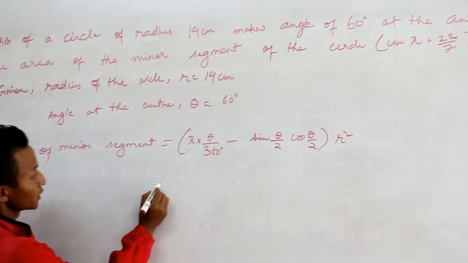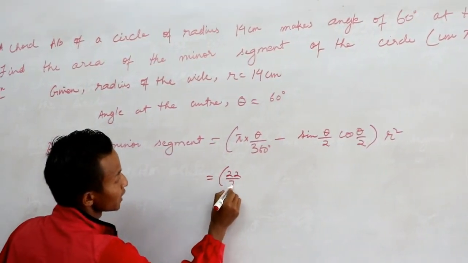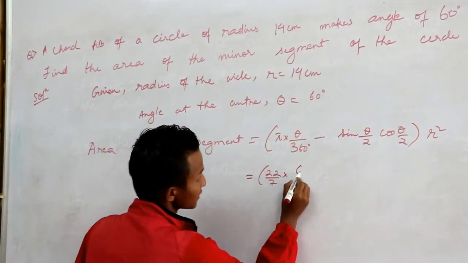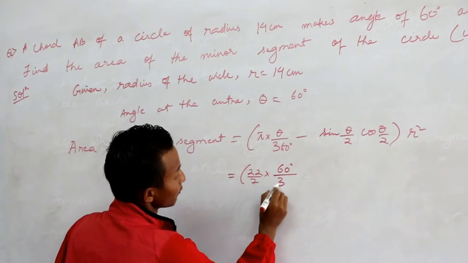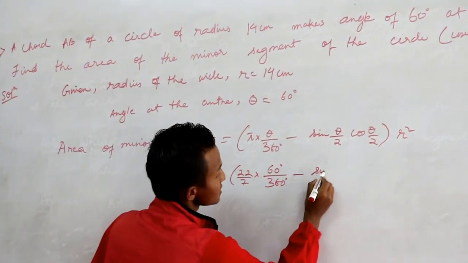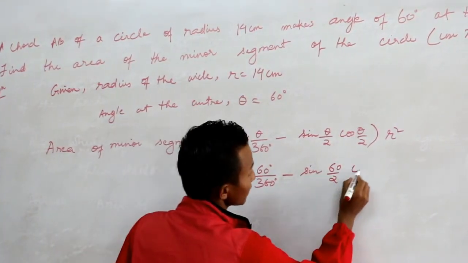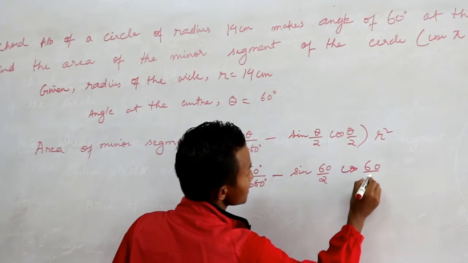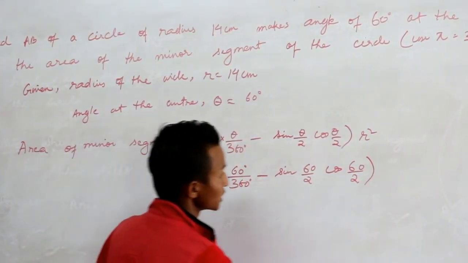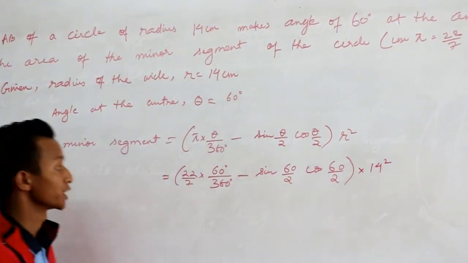So let us put all the values. Pi is 22 by 7 and theta is 60 degree by 360 degree minus sine 60 by 2 and cos 60 by 2 into r square, and r is 14, which is equal to 14 square.